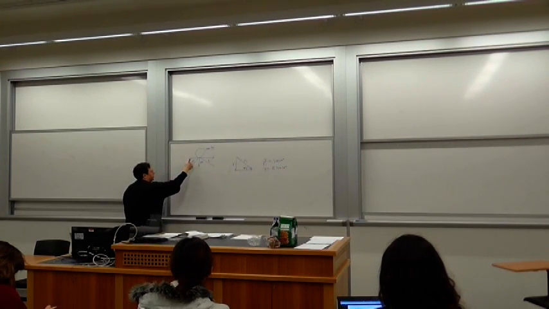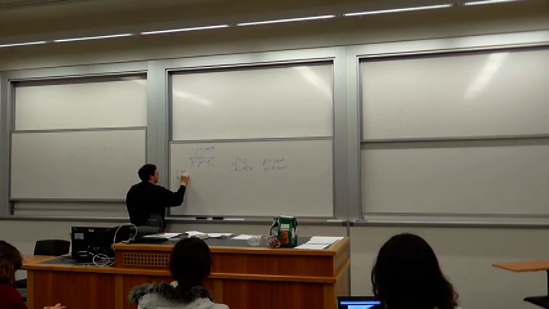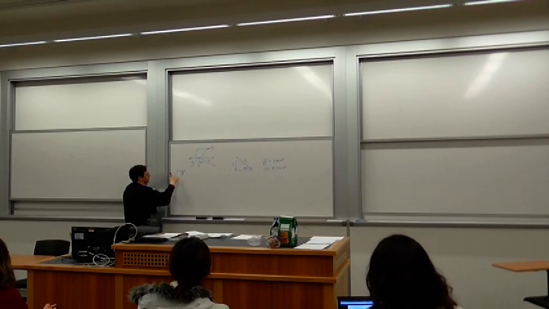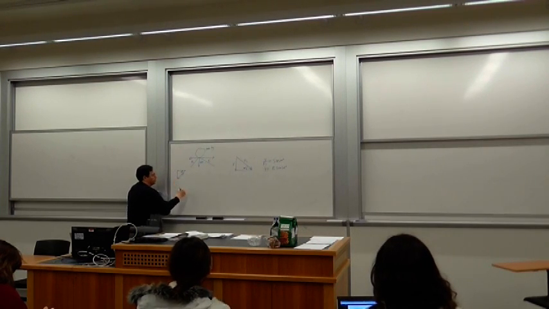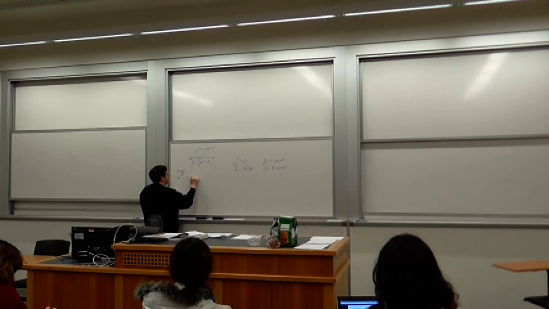Similarly, for this cable, it's pulling this way and this way. Here it's 45 degrees, this is F2. So what's this here? Well, you can just look at this. It's an isosceles right triangle, so this y is going to be F2 over the square root of 2.